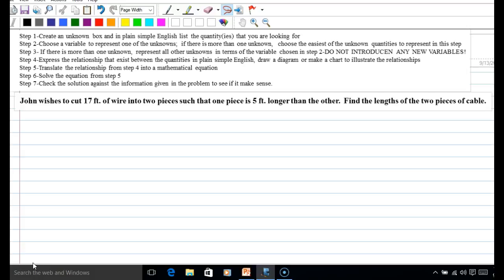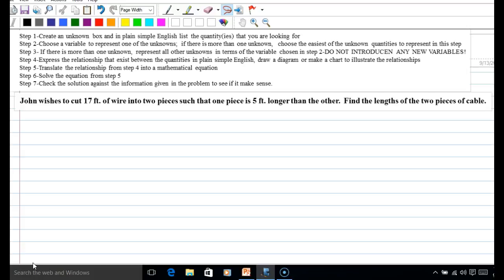Now, in many cases, that's very difficult to do. What you need to do is develop the problem by utilizing the first 4 steps.